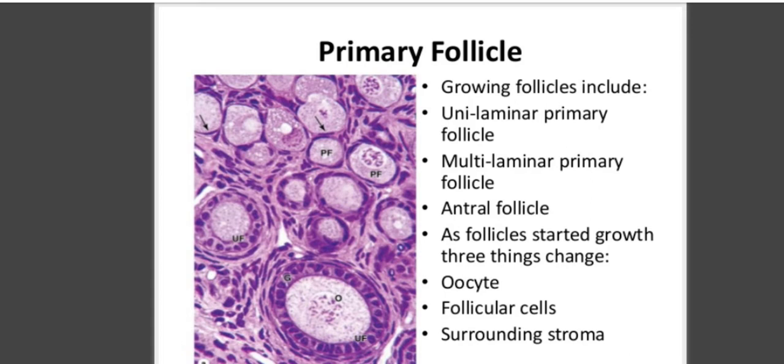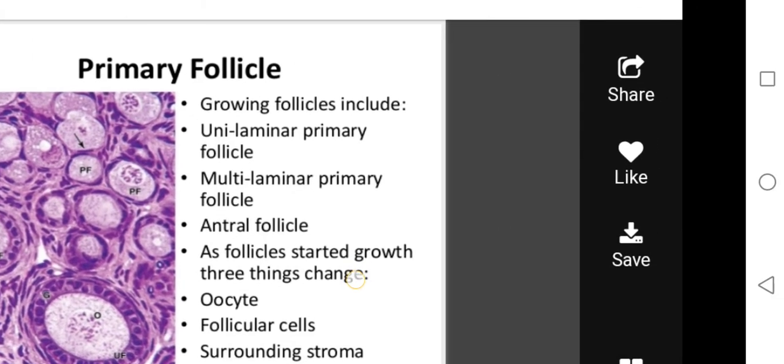As follicles start growth, three things change: the oocyte, the follicular cells, and the surrounding stroma.